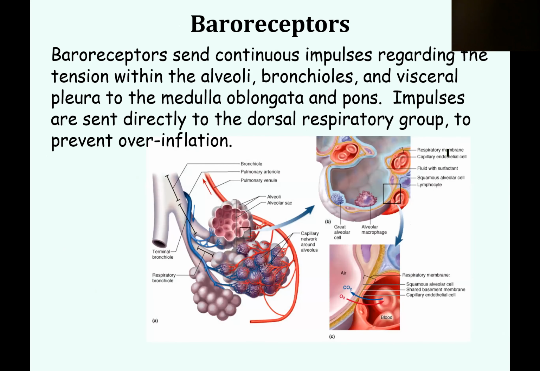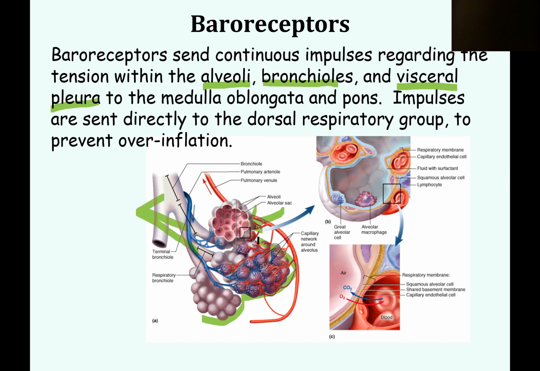In addition to chemoreceptors, we also have baroreceptors. They send continuous impulses regarding tension. They're embedded in the alveoli, the bronchioles, and the visceral pleura, which would be out here, to both the medulla oblongata and the pons.